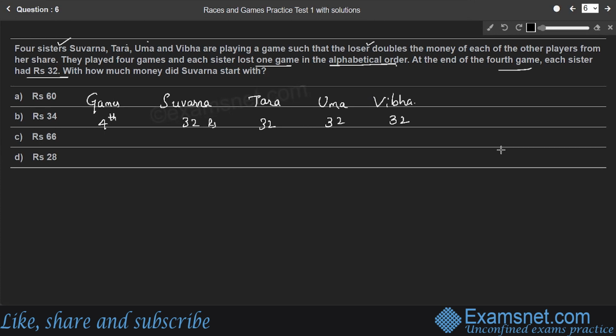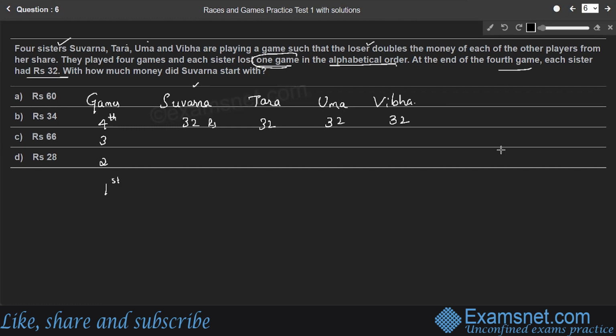And each sister lost 1 game in alphabetical order. So alphabetical order means from the first game to the last game, in each game 1 sister lost the game. That means Suvarna will lose first.